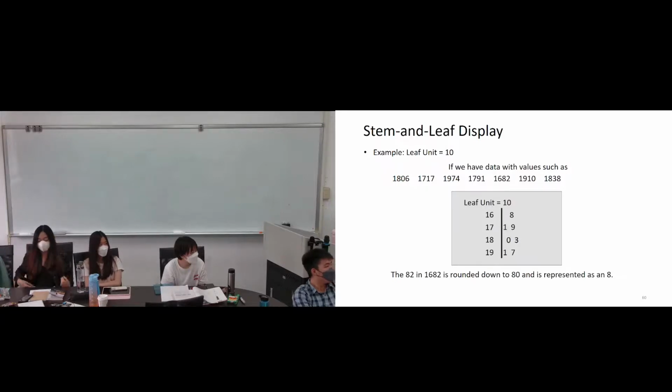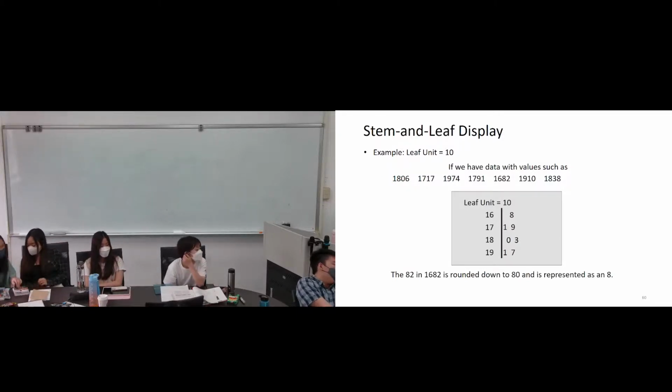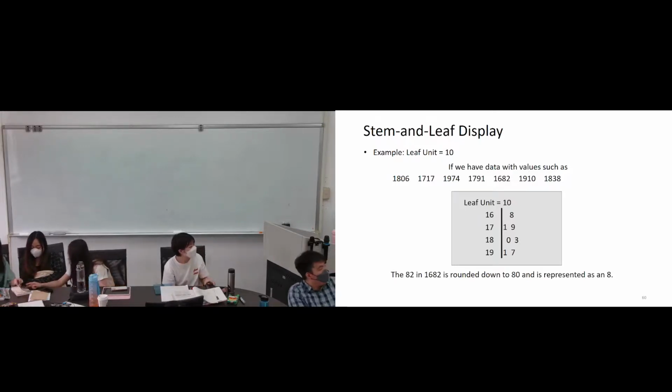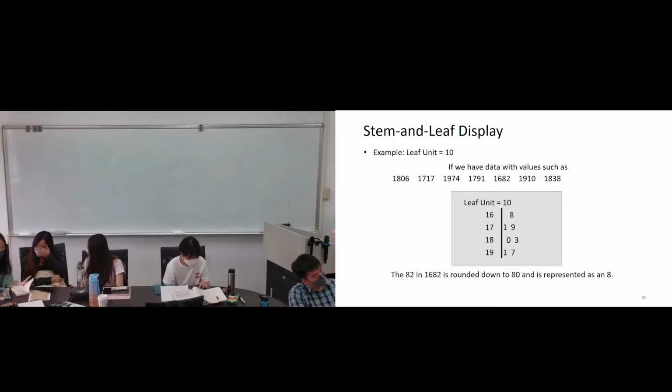So we put 1 and 9 here. 1806, we round it down to 0, so we put 0 here. The other one, 1838, we put 3 here. 1910, we put 1 here. And the last one, 1974, we put 7 here. Okay, questions?